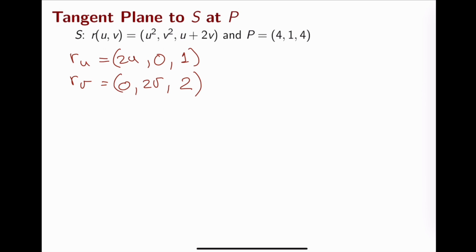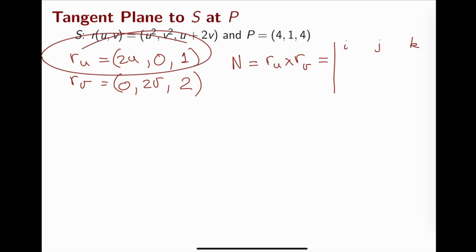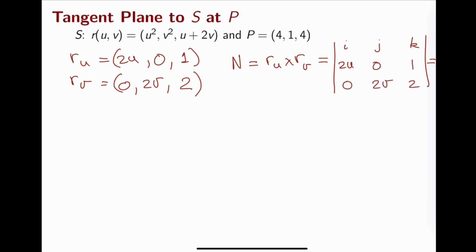Then we calculate now the normal vector as the cross product of these two, r_u cross r_v. As you know, this is the determinant where we put in the first row i, j, k, and in the second and third rows each of the vectors that we are doing the cross product. So in this case, the vectors are (2u, 0, 1) and (0, 2v, 2). So this determinant will give us the normal vector.